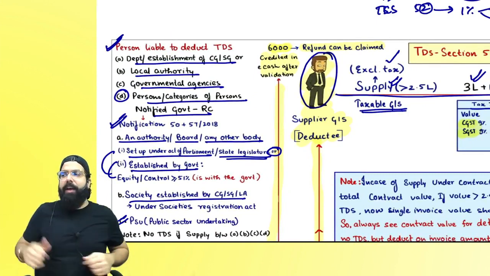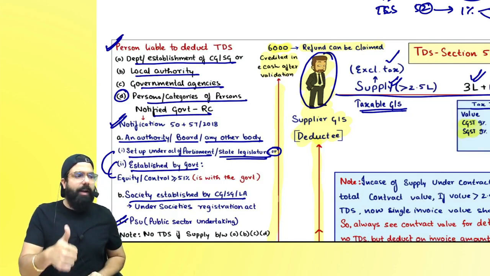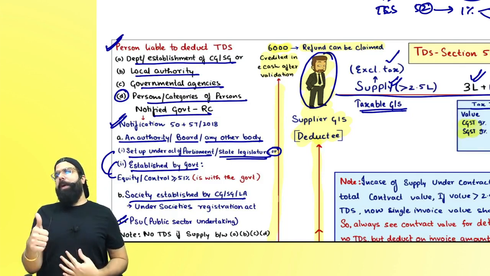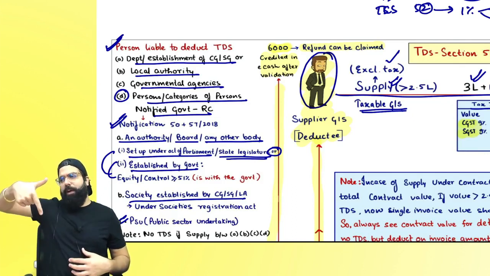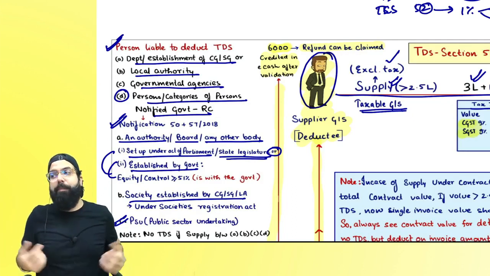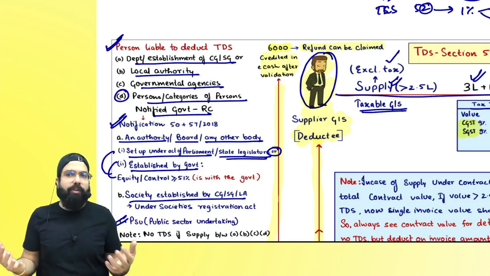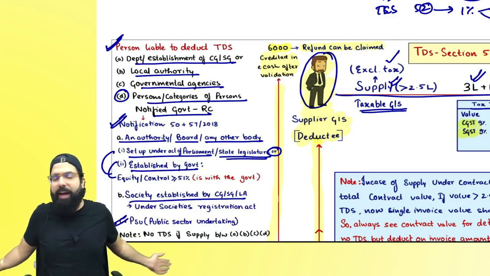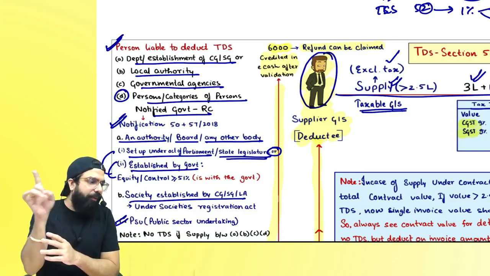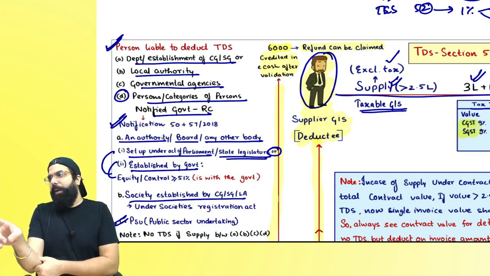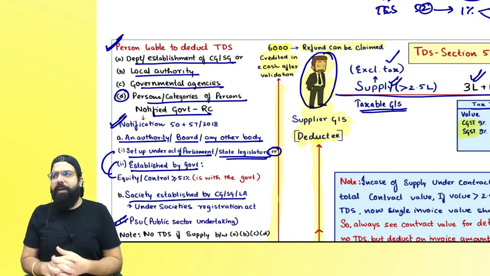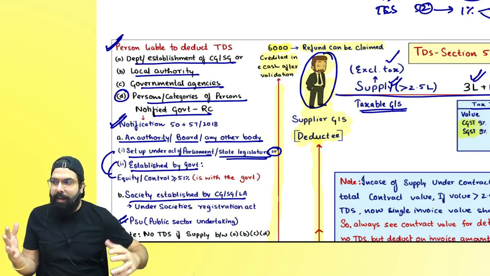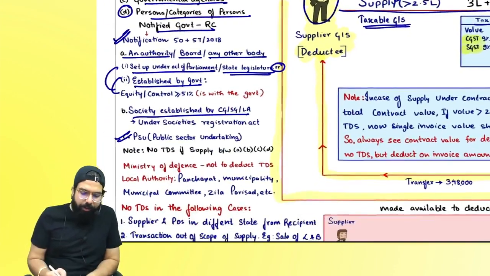Notified category is an authority, board or any other body established by an Act of Parliament or state legislature or by the government, with equity or control greater than 51% with the government, or a society registered under the Societies Registration Act formed by the government, or a public sector undertaking. Right, everyone?